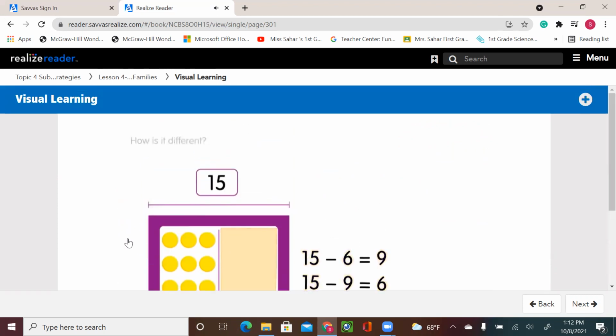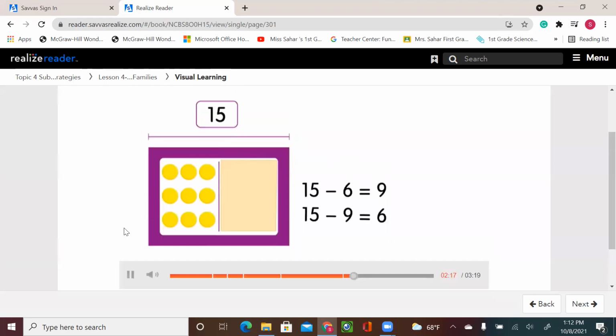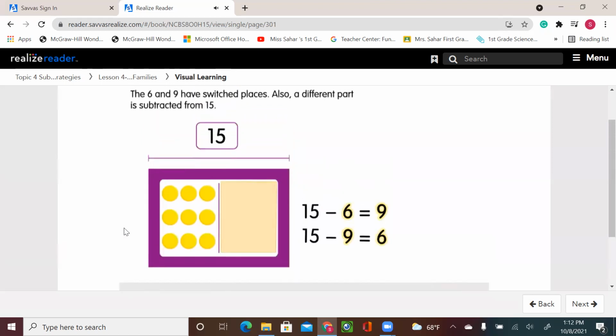How is it different? They come in different order again. The 6 and 9 have switched places. Also, a different part is subtracted from 15. Subtract the other part from the whole. So, 9 is subtracted from 15 instead of 6.